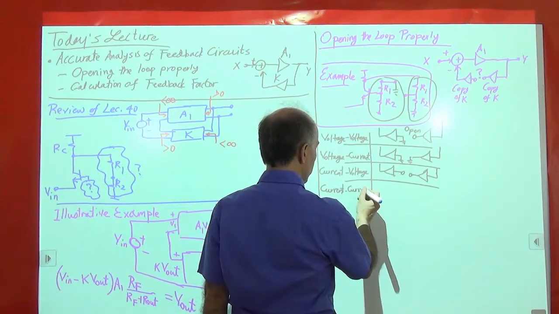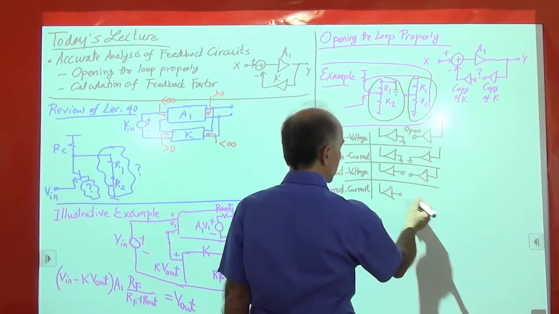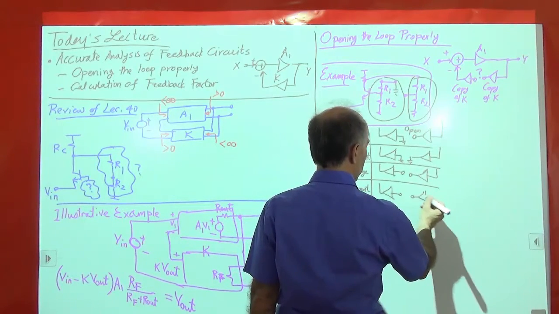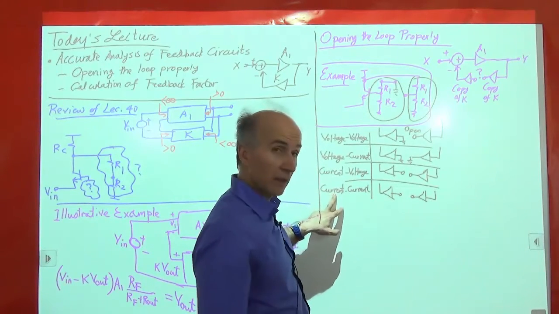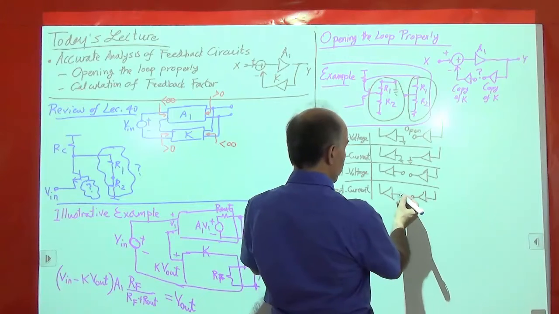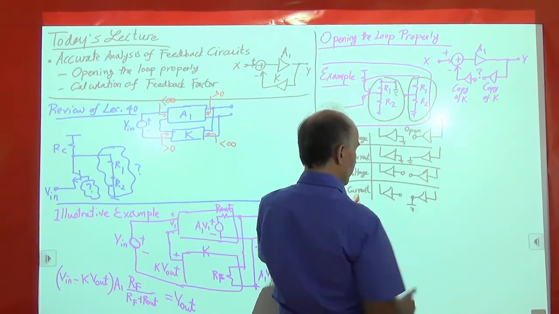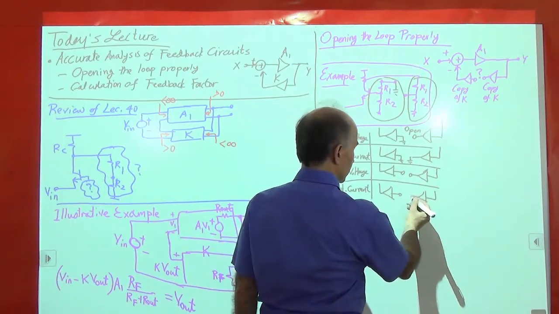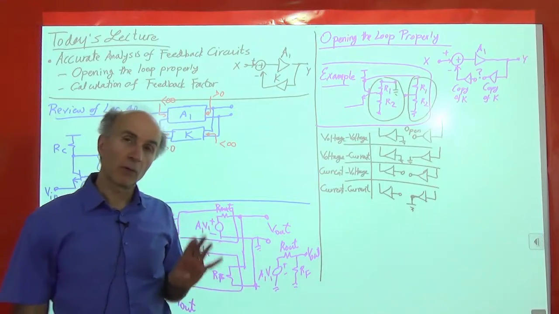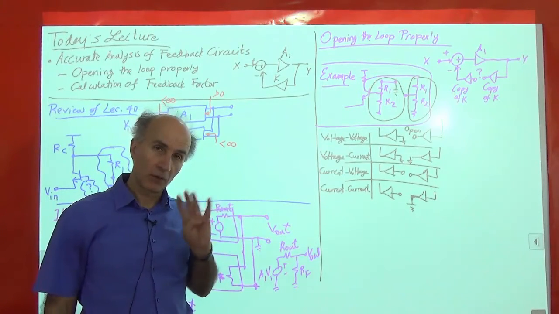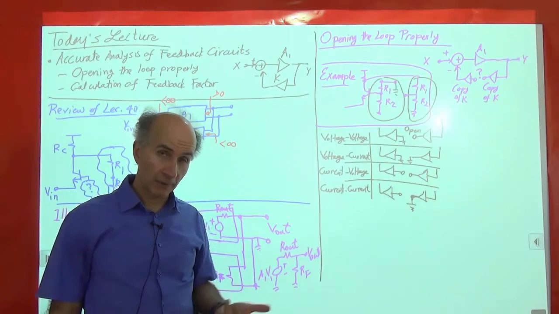All right, and finally we have current, which by now you should be able to guess. So here are the 2 copies of the feedback network. And because we are sensing a current at the output, this is left open. As we are returning a current to the input, this is short-circuited, to ground. So these are the 4 topologies that we need to keep in mind when we are trying to open a feedback amplifier.